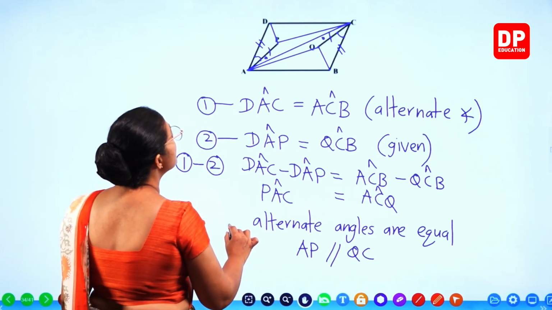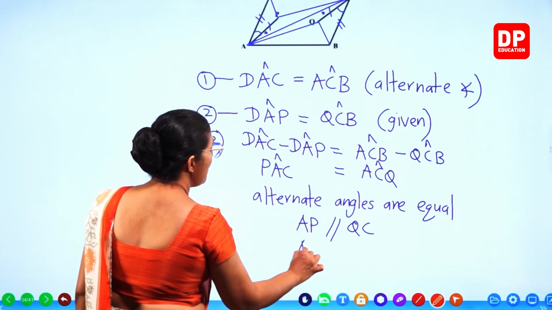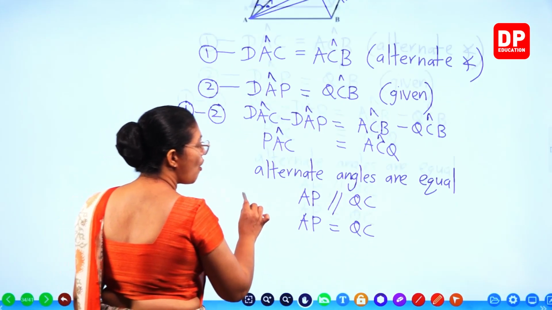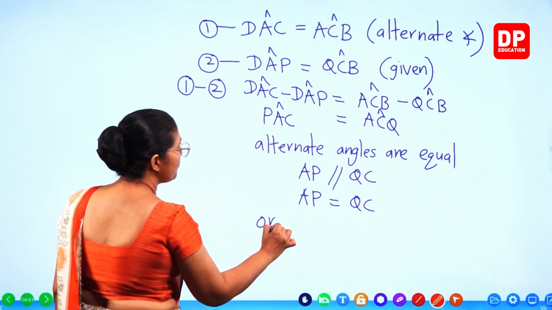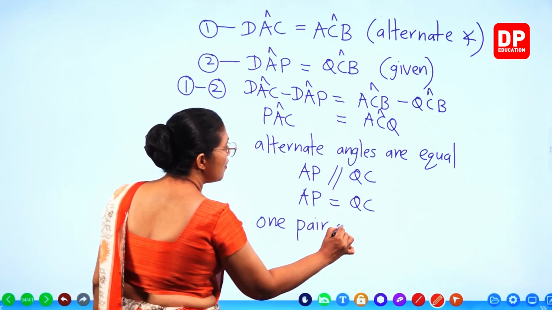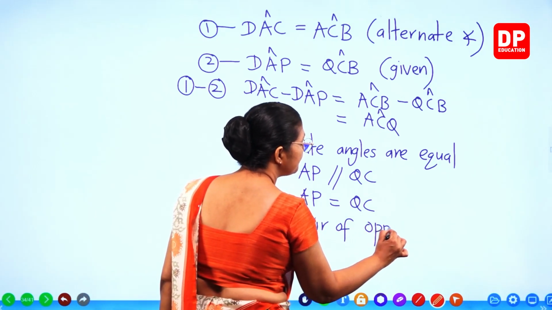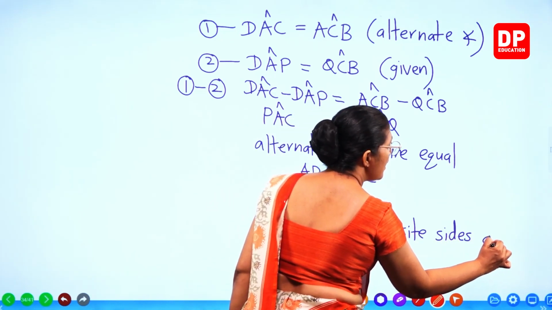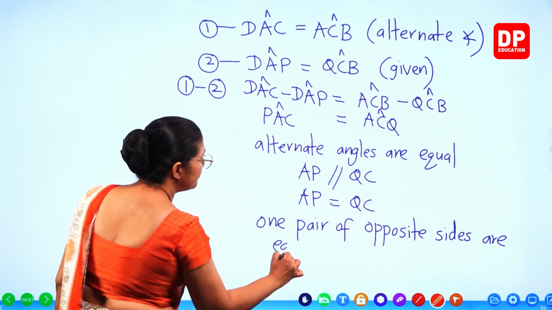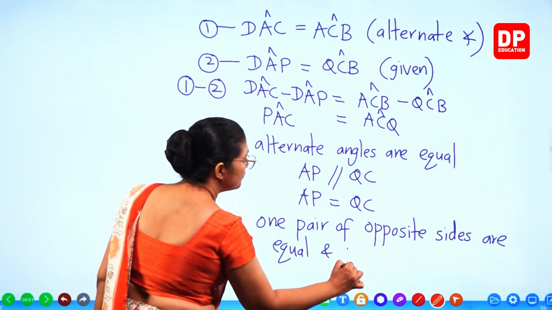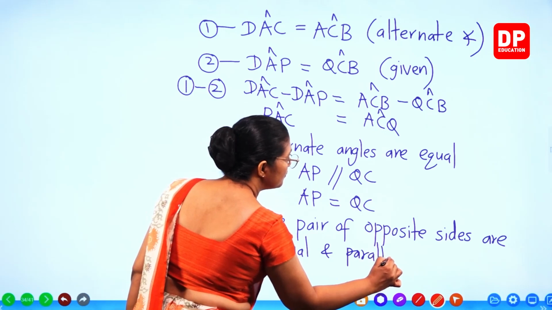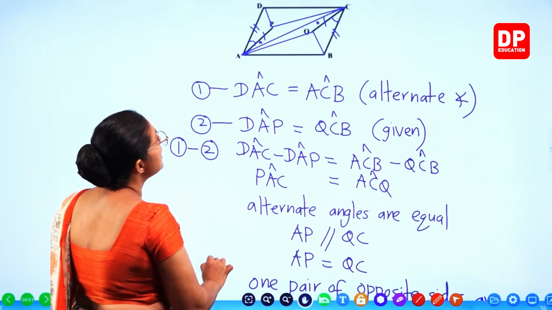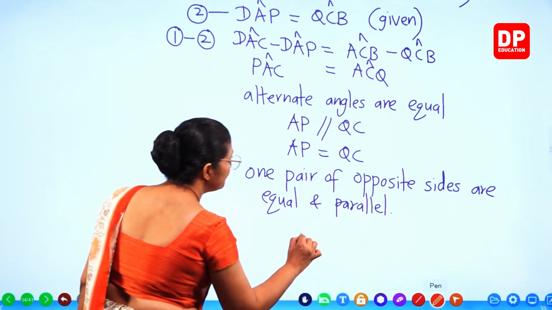But from the previous part, we know that it's given AP is equal to QC. One pair of opposite sides are equal and parallel. Therefore, APCQ is a parallelogram.